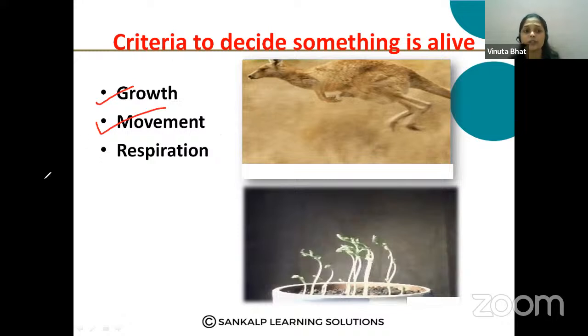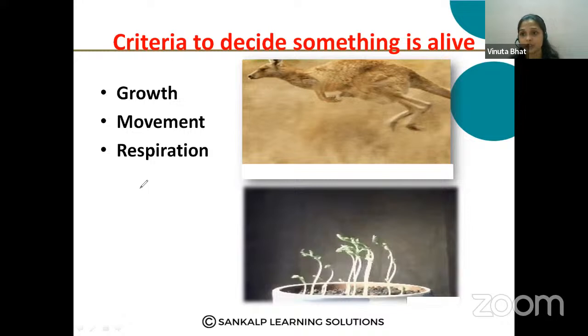What type of movements can you observe in plants? Plants move towards the light, and some parts of plants grow opposite to the light. You can observe movement in plants also.